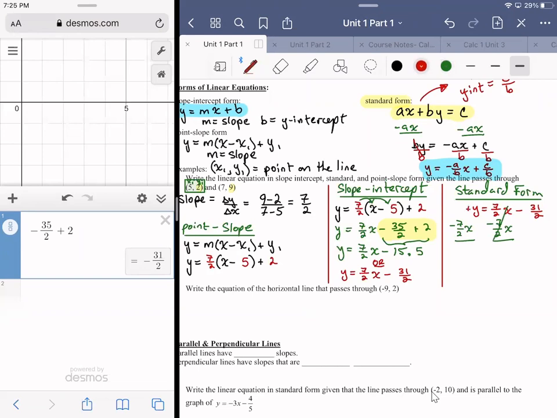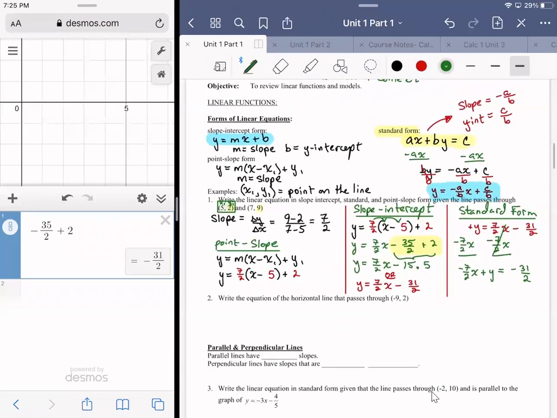Put it all together, and you get negative 7/2x plus y is equal to negative 31 over 2. Now, if you want to clean it up, that would, by the way, be an appropriate standard form because x and y are on the same side of the equation. But if you wanted to clean it up, you could multiply everything by 2. You know, make it look a little nicer so it doesn't have denominators.